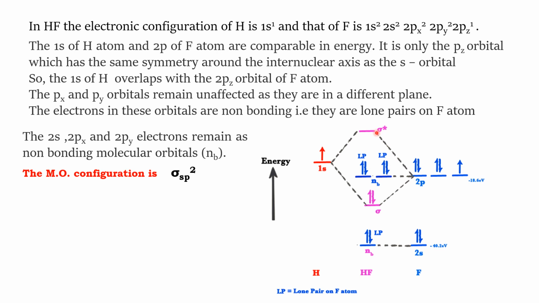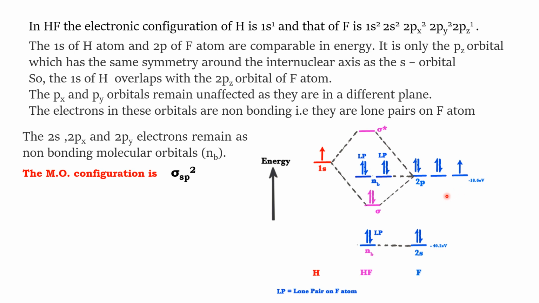You got it? All the other orbitals, that is 1s, 2s, 2px and 2py, remain as non-bonding molecular orbitals predominantly with fluorine character. Only the 1s orbital of hydrogen overlaps with the 2pz orbital of fluorine because they have the same symmetry around the internuclear axis and same energy.